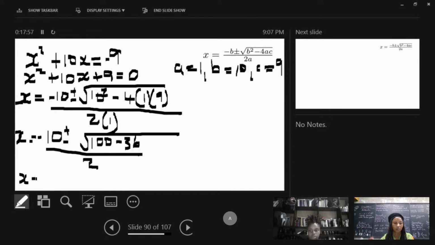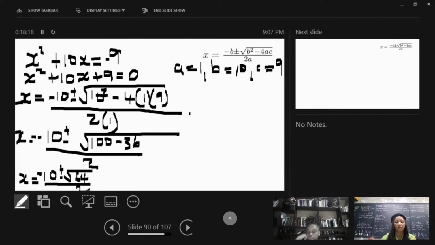And it's going to be negative 10 plus or minus the square root of 100 minus 36, which is 64, all over 2.